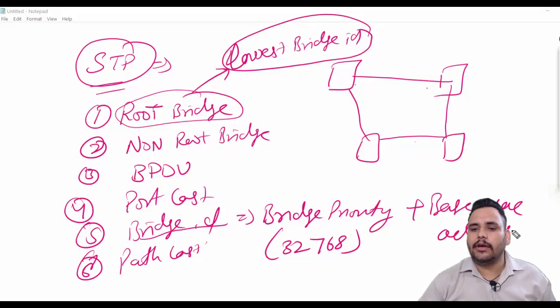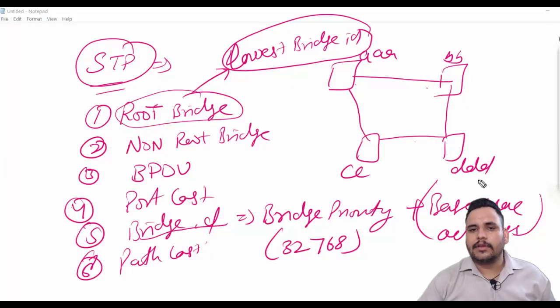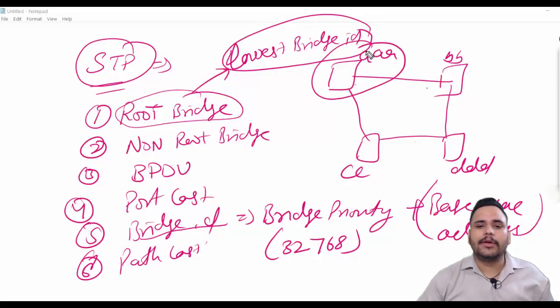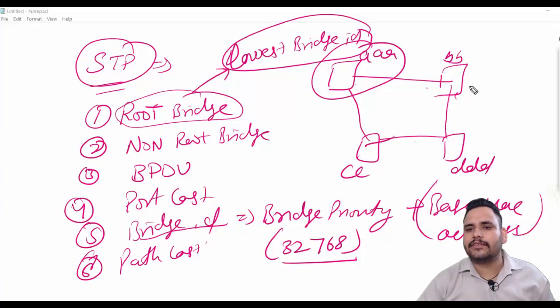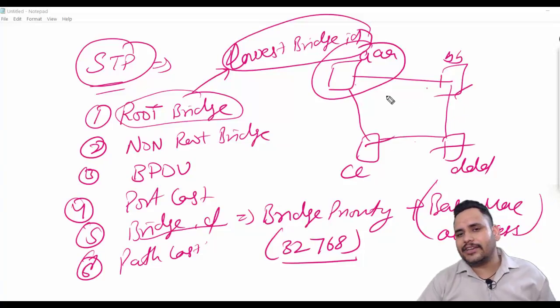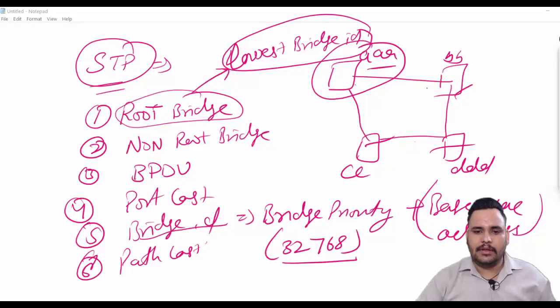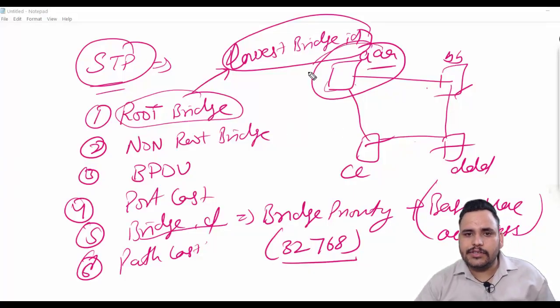For example, the MAC addresses are A, B, C, and D. The lowest MAC address is A, because the priority of every switch is the same, so the election is decided by MAC address. So this is your root bridge.